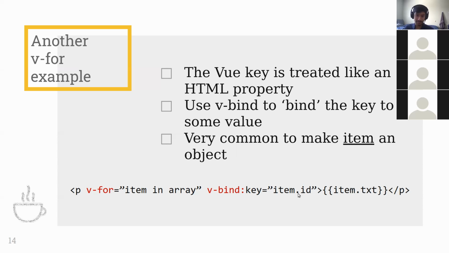And so we bind the key to some kind of id. Again, id can be whatever we want. It's not super relevant to this. And next thing here is item.text. So again, we're just doing the same thing we did above, but with a more proper Vue syntax now. So whenever you use v-for, you should be using this format you see here and not the format we showed earlier.